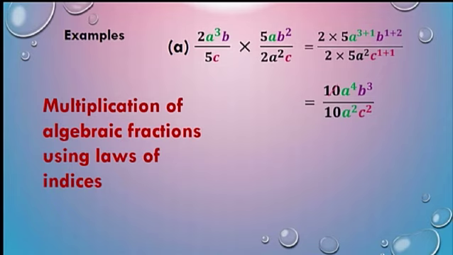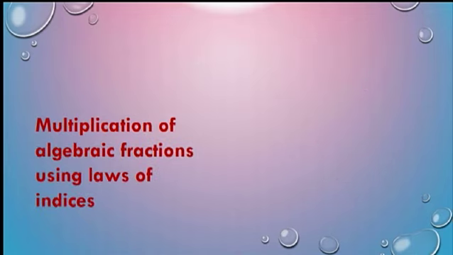So we subtract 2 from 4. Also here there is the number 10, which is common to both numerator and denominator. So we can first cancel the 10, then we perform the subtraction of the powers using the division law to end up with a squared b cubed over c squared.